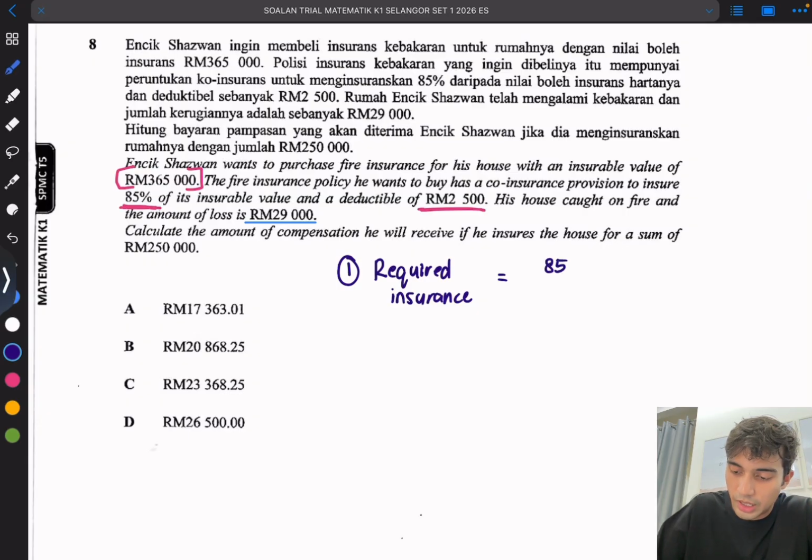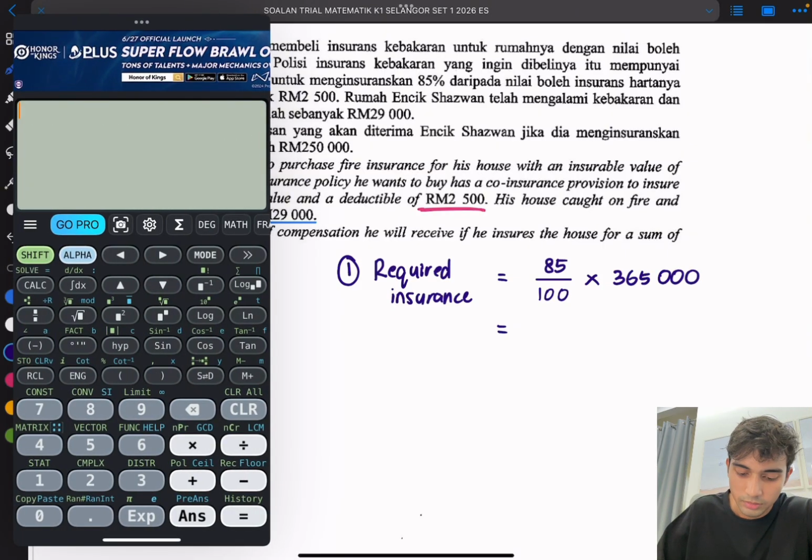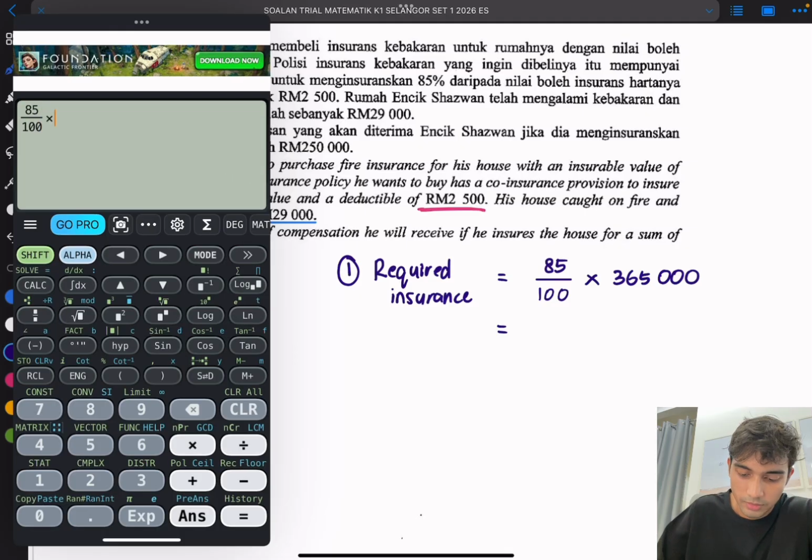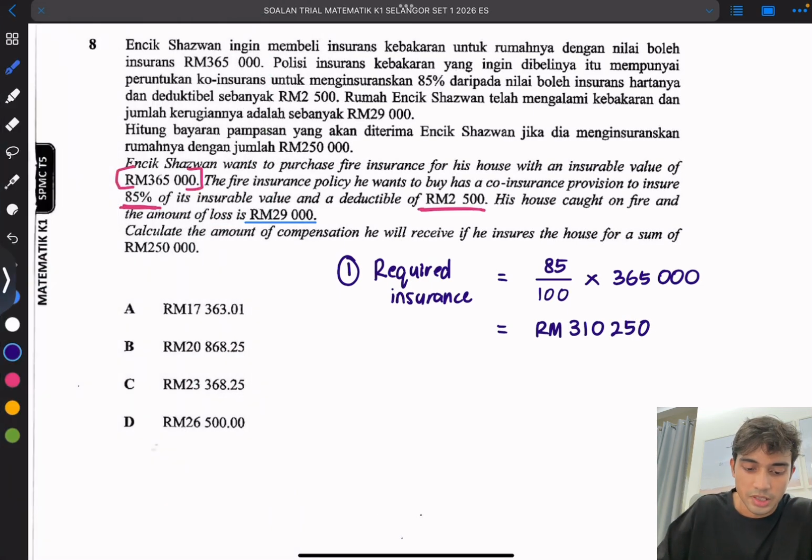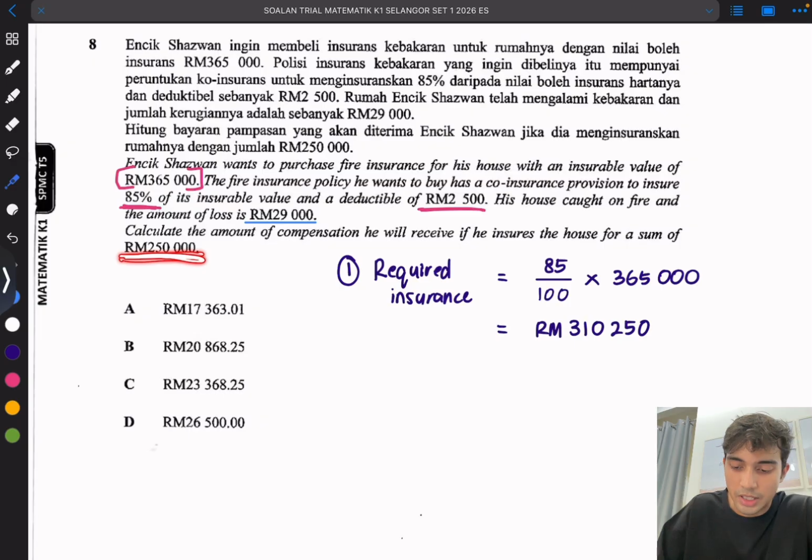So we do 85% times 365,000. We get 310,250. So this is how much insurance he should purchase. Okay. But he ended up purchasing 250. He ended up insuring his house for 250,000 only.